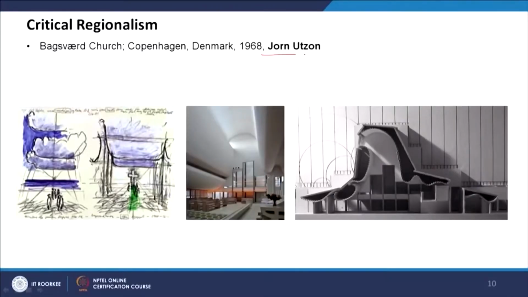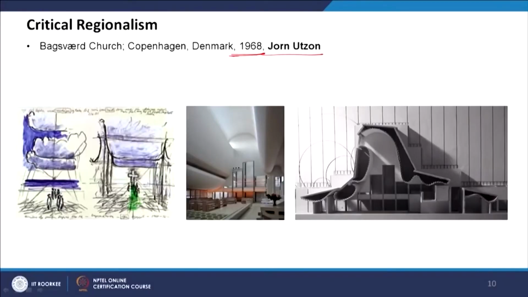Now, one example of critical regionalism is this church by Jørn Utzon. He also designed the Sydney Opera House in Sydney, which sits in a particular setting near the water body. It's like a flower or a lotus or like a sailing boat.